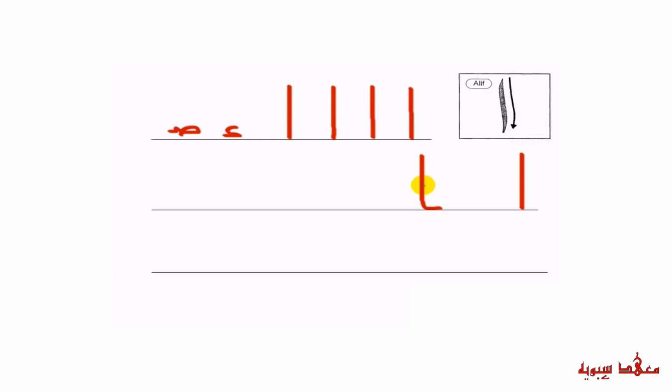If this is in the middle of the word, there'll be a letter coming after it. Now this letter coming after it won't join to the Alif. So let's for example say it was a ba. It will just be written after it. And similarly, at the end of a word, it will just be like that.